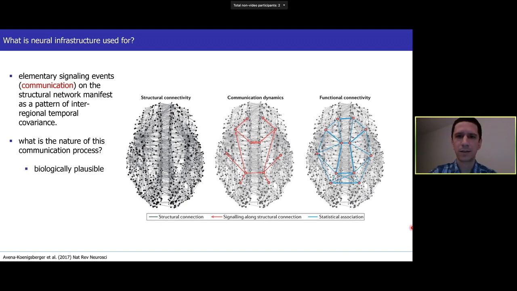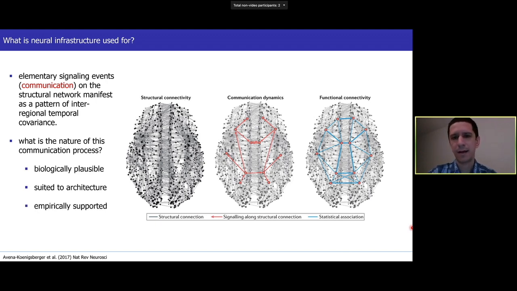One is to simply ask what type of communication process is the most biologically plausible, given what we know about neuron biology, physiology, and so on, and brain anatomy. Another is to ask what type of communication process could actually take advantage of the unique architecture that the brain has and all the properties that you've learned about in the other talks today.